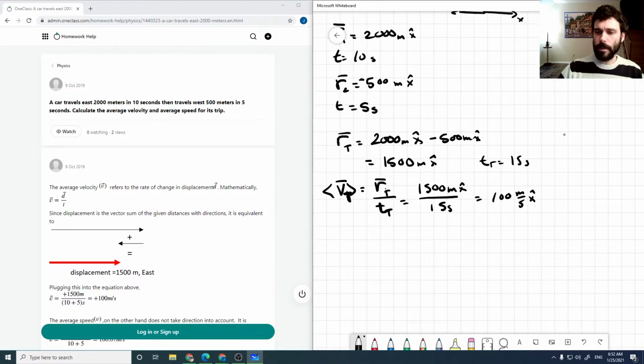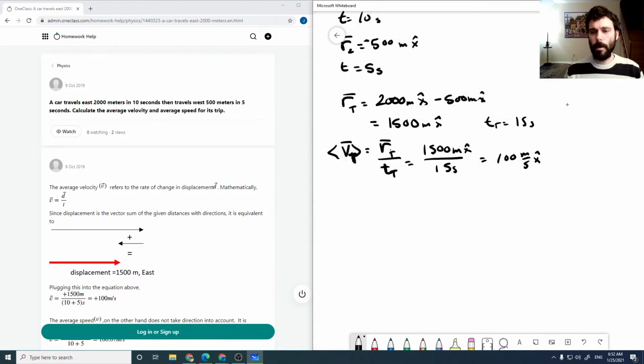My average speed, though, is my total distance, which is just the sum of my distances without direction.